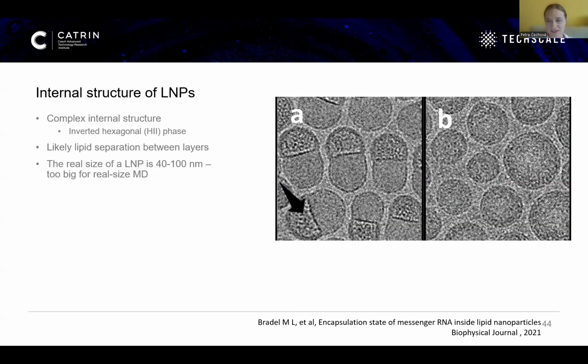Because as you can see in these cryo-EM images from 2021, the resolution is not quite there yet, and we can see there is a complex internal structure. Sometimes it's just spherical, and the lipids and RNA are mixed. Sometimes there are these bleb forms which are supposed to be RNA here and lipids here, but it's really hard to have a detailed understanding of what's going on inside.